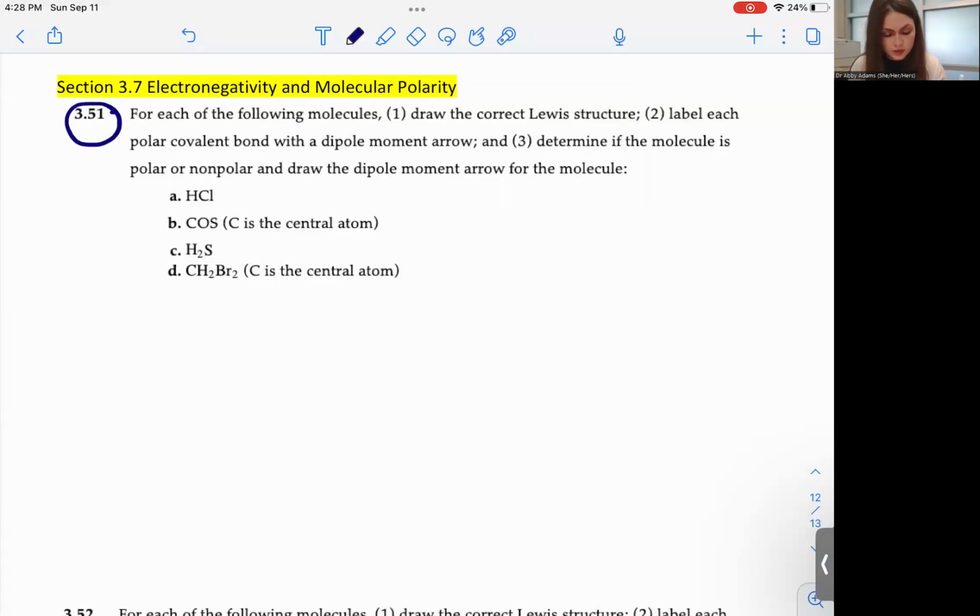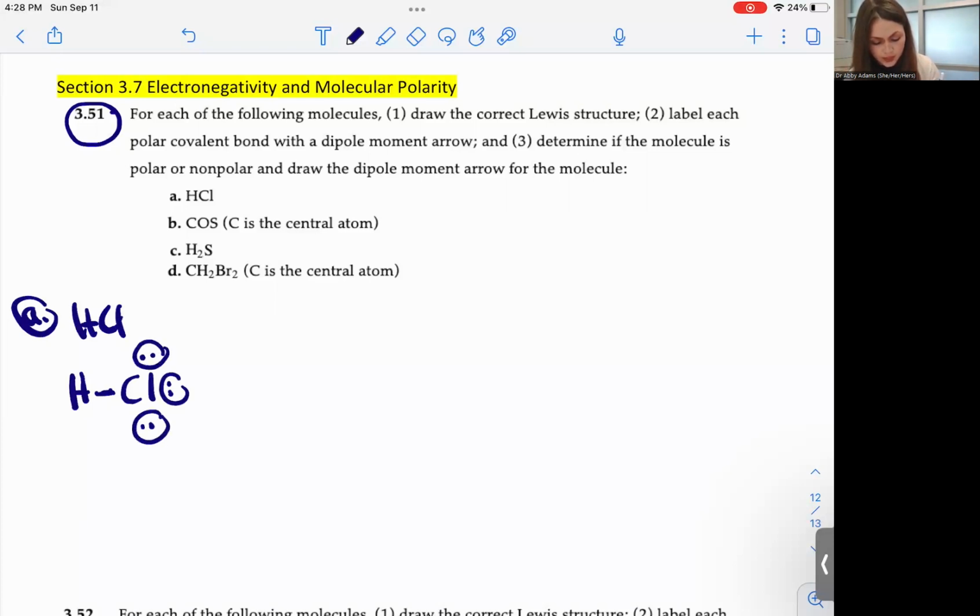So let's do HCl, hydrochloric acid. Okay. So if we draw out our Lewis structure, we have 1, 2, 3, 4, 5, 6, 7, and we have hydrogen here. We draw our bond. We have all of these lone pairs here, but we only have 2 atoms in this element. So the polarity is going to be determined by the pull of the atoms here. And you know that chlorine is much more electronegative.